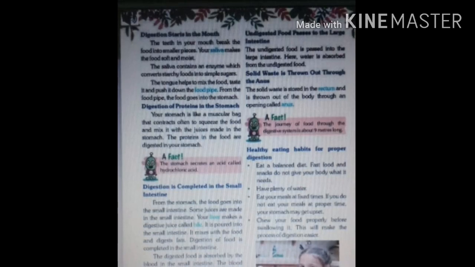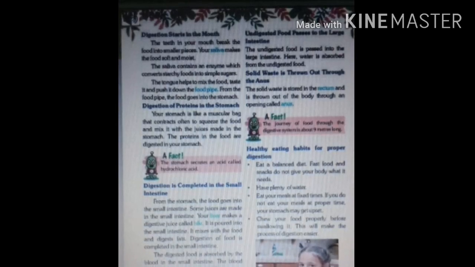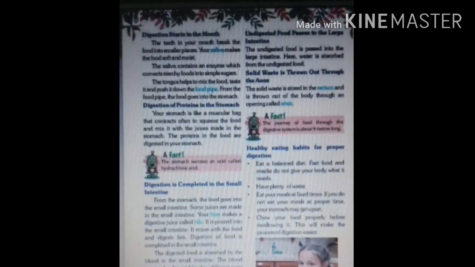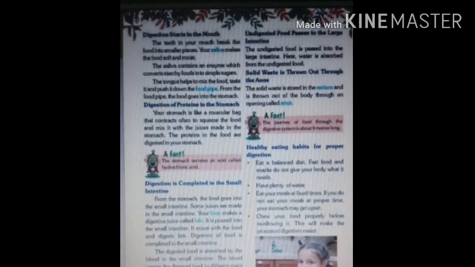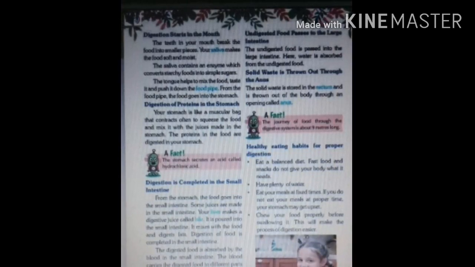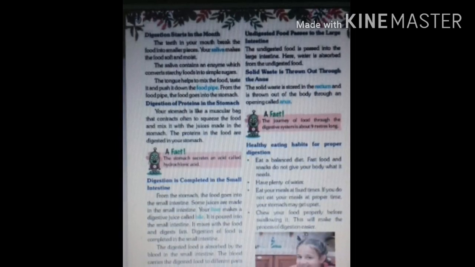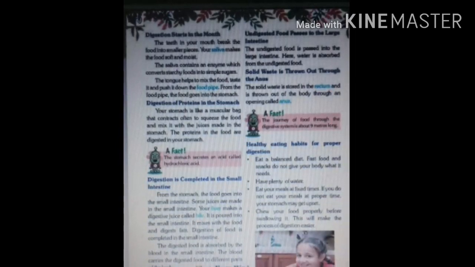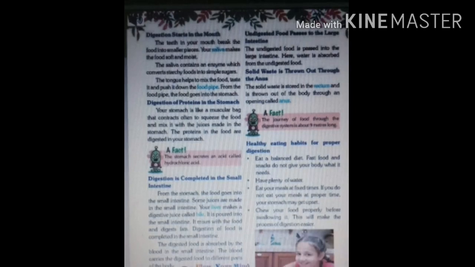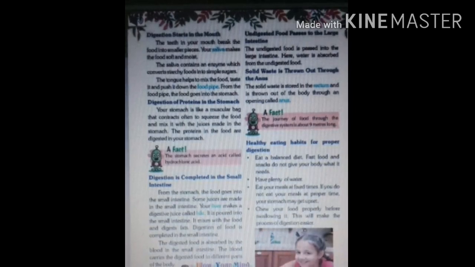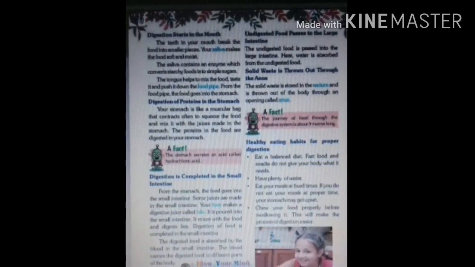Learn it, children. The liver makes a digestive juice that is called bile juice. It is poured into the small intestine. It mixes with the food and digests fats. Digestion of food is completed in the small intestine.